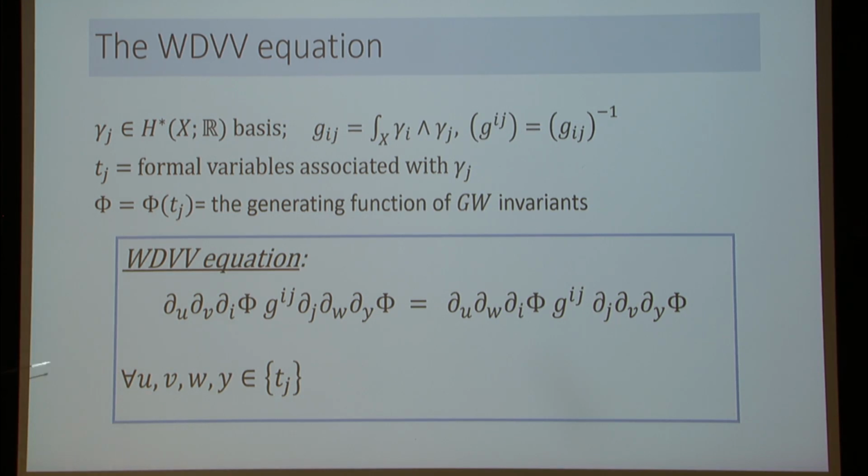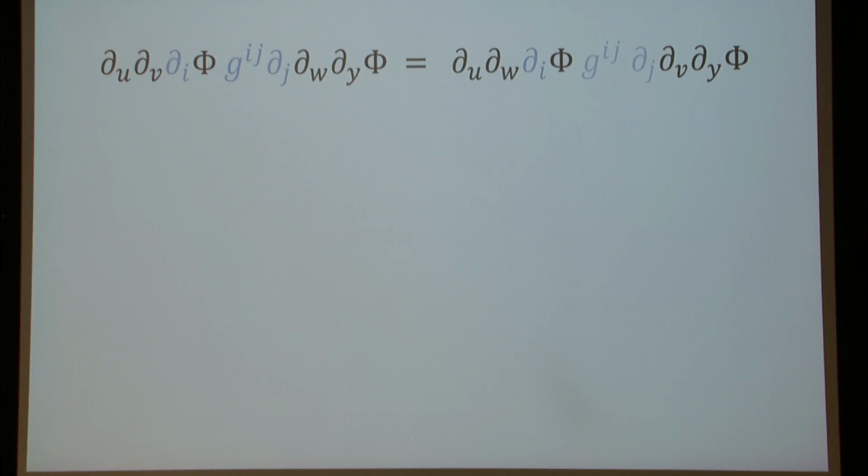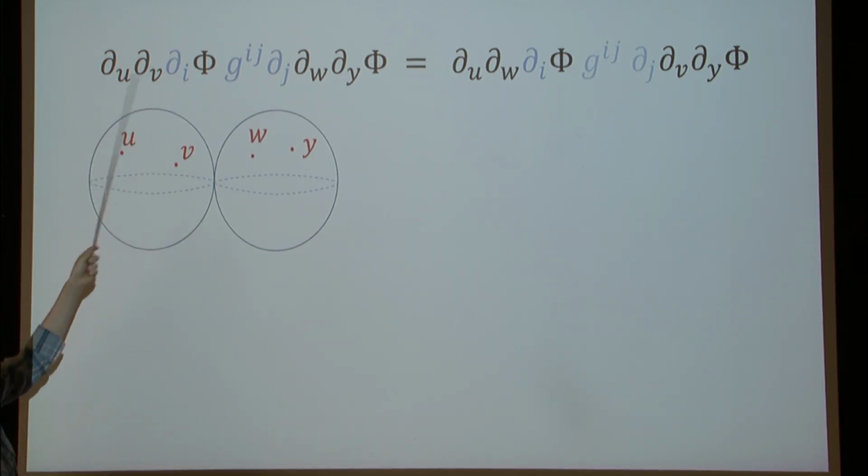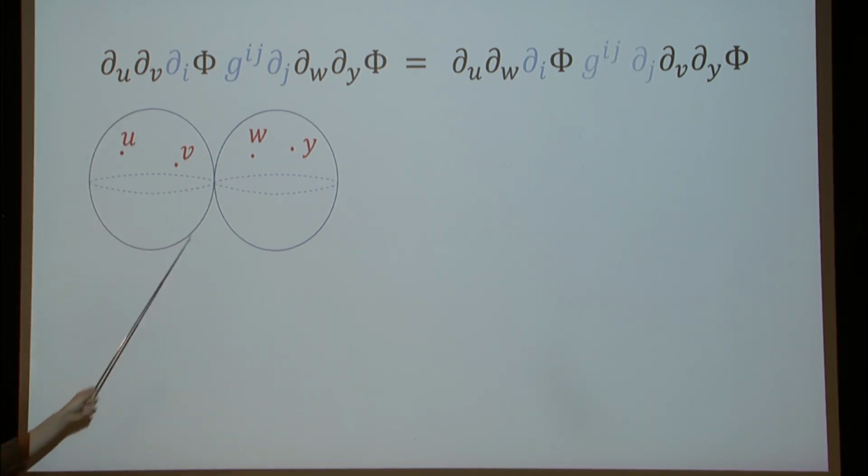It's just derivatives of the generating function. Taking a derivative of a generating function, ignore the grayed out parts for a second, is the same as taking spheres with constraints in the directions in which you take the derivative. So what the left-hand side here is saying is, let's take all spheres with constraints in u and v, and this is this part.